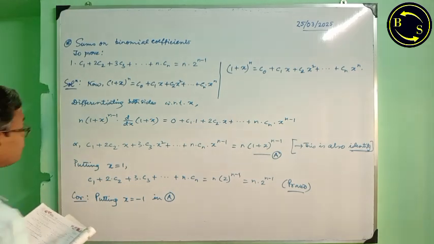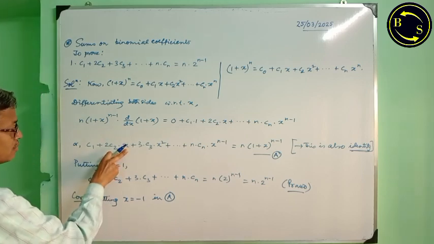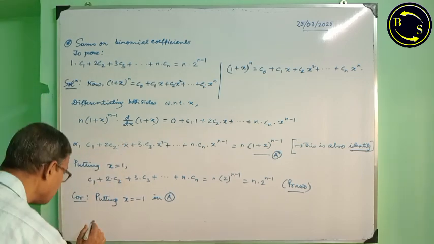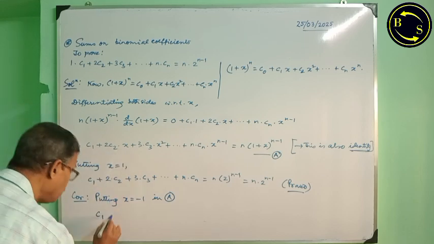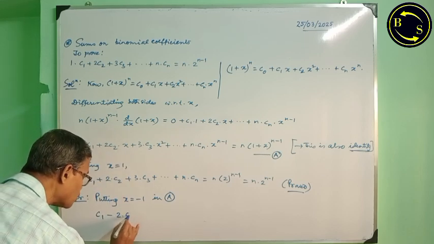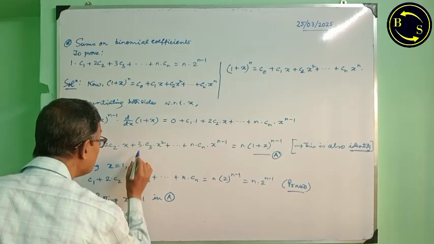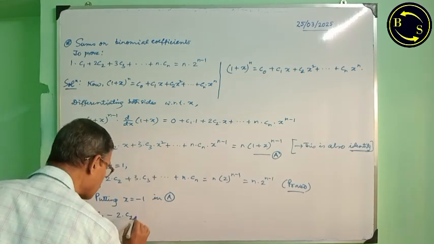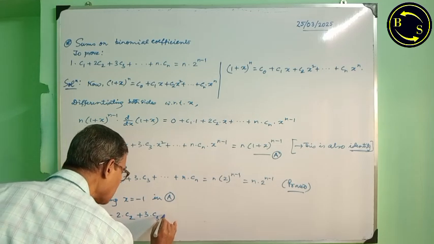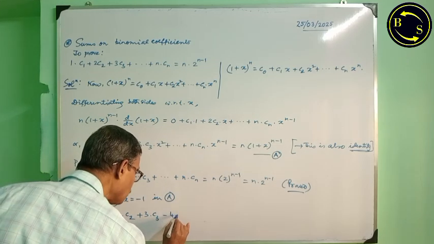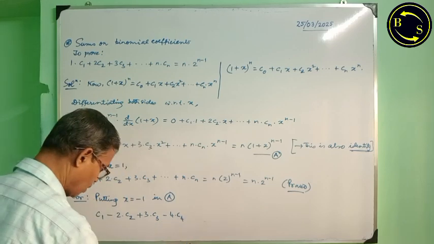What do we get? On the left side, in place of x, minus 1. That means on simplification C1, minus 2 into C2, then minus 1 whole square, that means positive 3 into C3, minus 4 into C4, like this, dot dot dot.